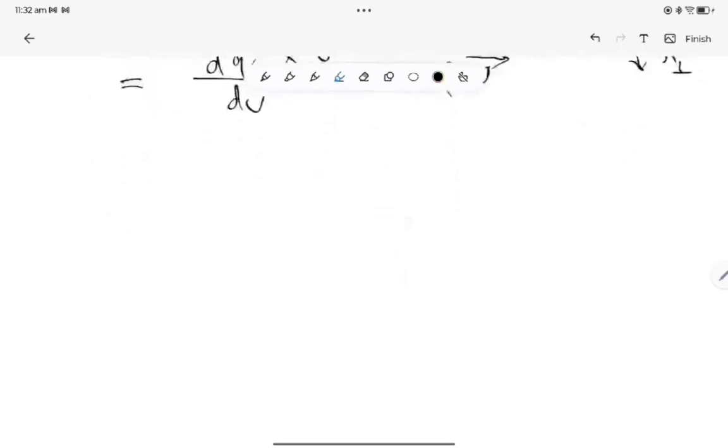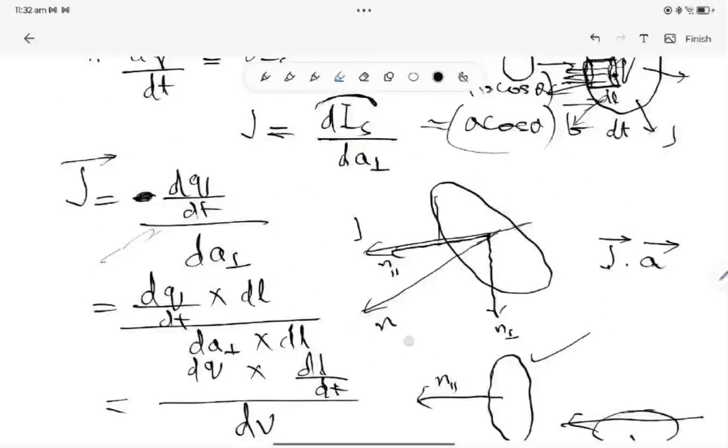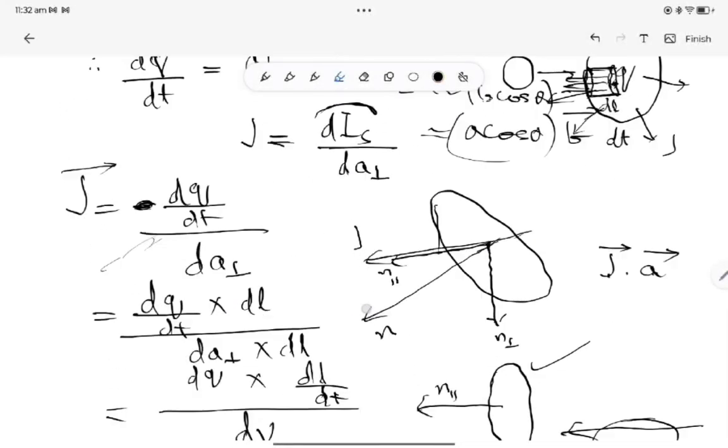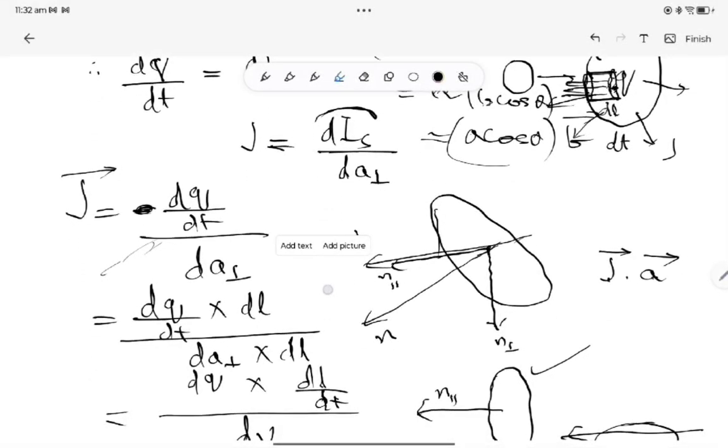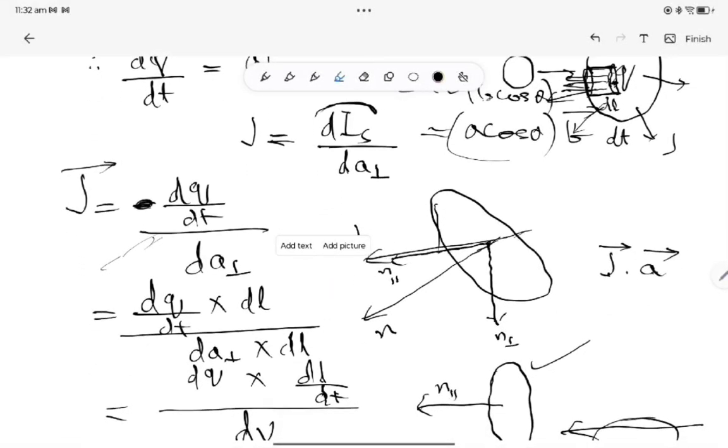We can write this law of conservation of charge here as minus dq by dt, rate of decrease of charge within that volume element, is equal to... Now, as you saw, we found it was equal to dq. It was equal to current, but current itself is equal to... You can write it here.